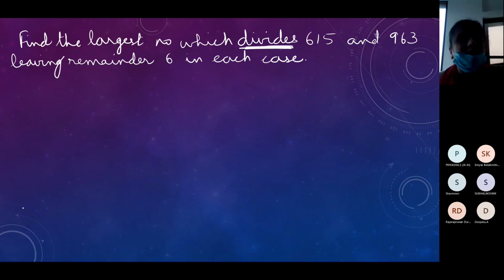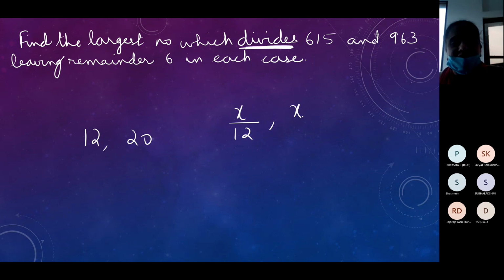See here, children, if you are looking for a number like this, supposing two numbers are given to you. Let's consider two numbers, say 12 and 20. If you're finding an X like this, listen to me fully, you will understand.